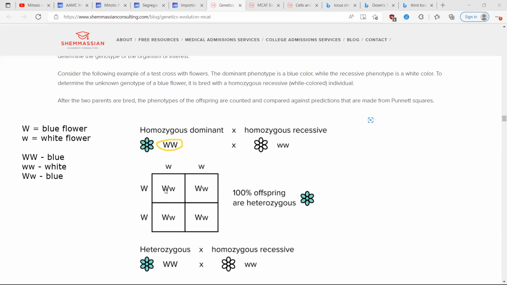Heterozygous blue is one capital and one lowercase. So this is always the case, but don't worry about having to memorize that homozygous dominant and homozygous recessive gives heterozygous dominant. You don't have to do that. You can simply draw out the Punnett square and see what you get, because the Punnett square works.